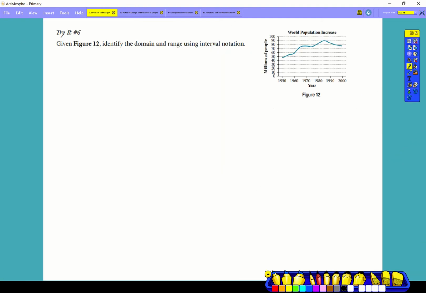So I'll show you. Identify the domain and range using interval notation. Now we're going to identify the domain and range. So it looks like the domain, let me get this. So remember, our domain runs along this way. So it looks like this is our domain, and then it's going to go to 2000, right?